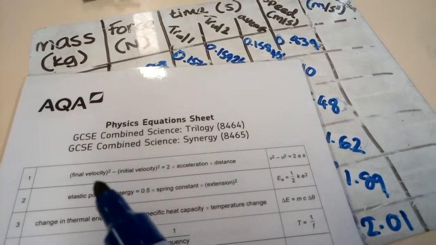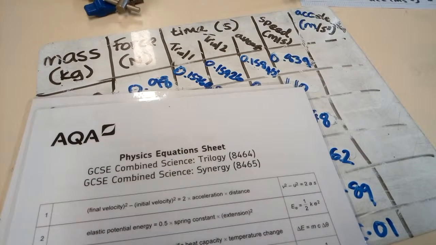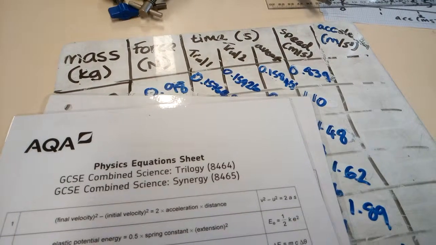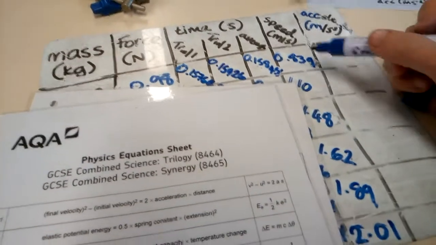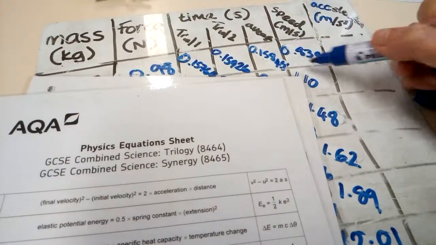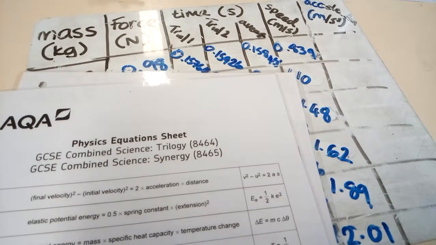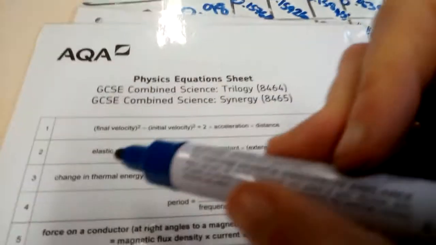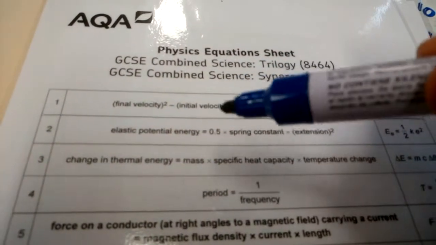If we try looking at this with my first set of results, our final velocity that we're going to use is this number here. This is the speed it got up to, 0.839. So I've got 0.839 squared, take away the initial velocity squared.